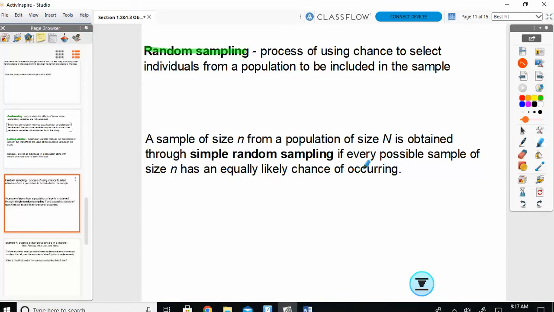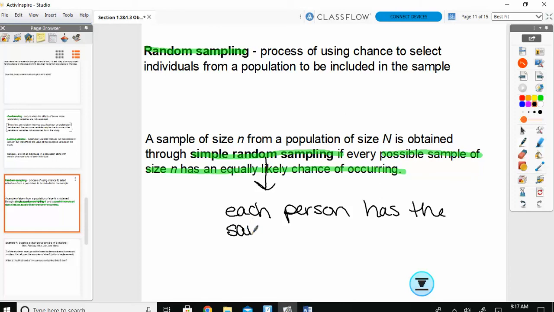And so basically in a simple random sample, every sample size is equally likely. Or another way to state that, each person has the same chance of being selected.